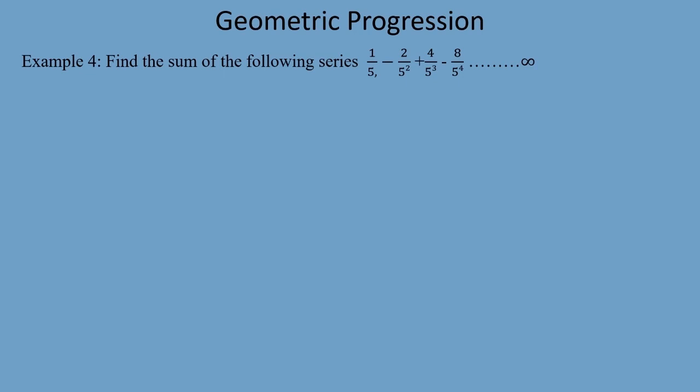Example 4. Find the sum of the following series: 1 by 5, minus 2 by 5 to the power 2, plus 4 by 5 to the power 3, minus 8 by 5 to the power 4, till infinity. Solution. The series is in G.P. form because the common ratio is constant.